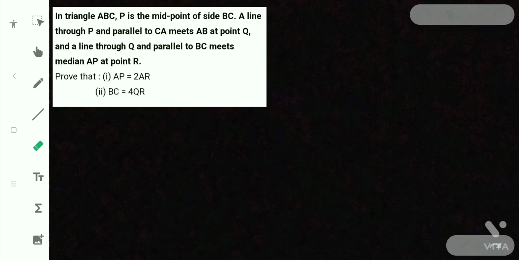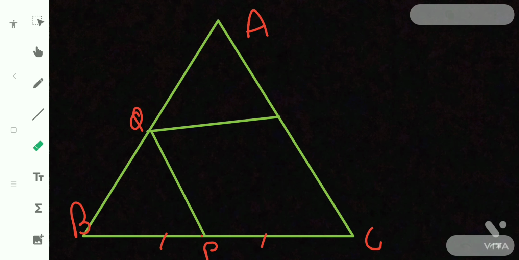Now, meets median AP. So we have to draw the median first. Let us draw the median. Okay, just a minute.